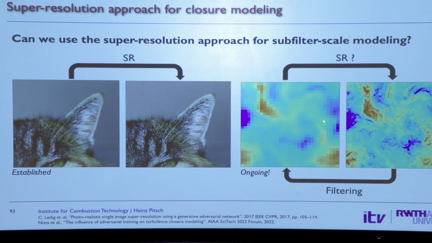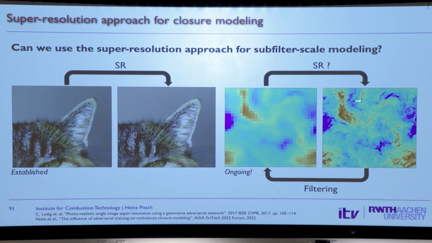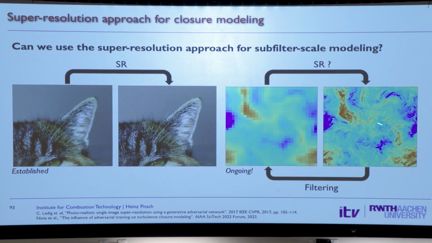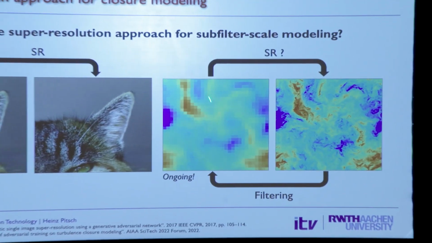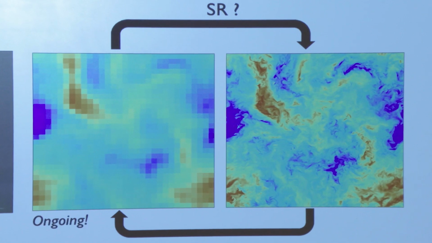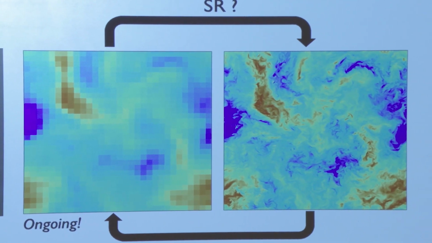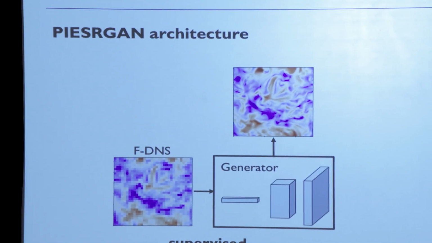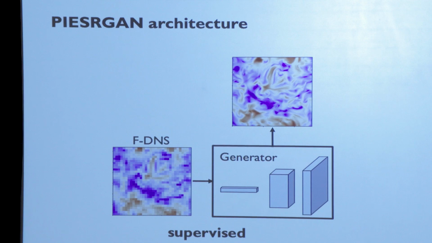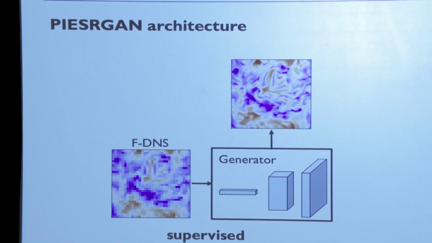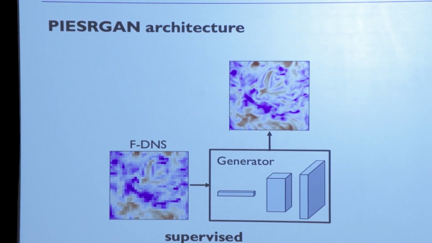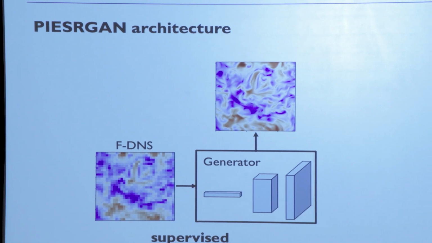So this is an example. This is a DNS, and then we filter the DNS, you get this, and then the question is, can we also here train a network so that we can recover this? And that's what we are doing here, for example, with a convolutional neural network, CNN. These convolutional neural networks are nice because they don't predict one point, they predict a field.